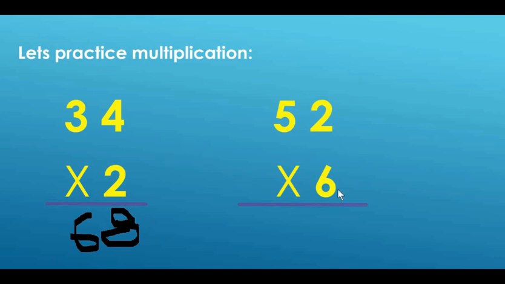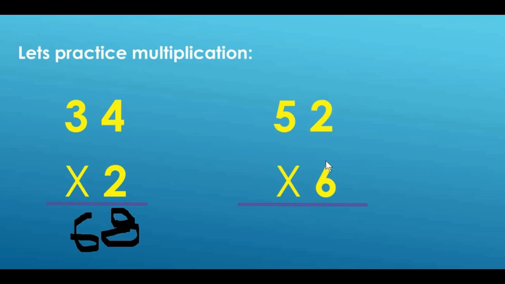Now my dear students, look at this number, 52 multiplied by 6. How can we calculate it? At first we will read the times table of 6, and 6 is multiplied with 2. At first 2, then the tens place 5.